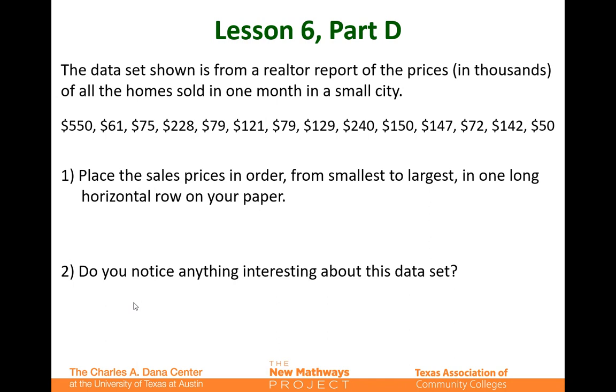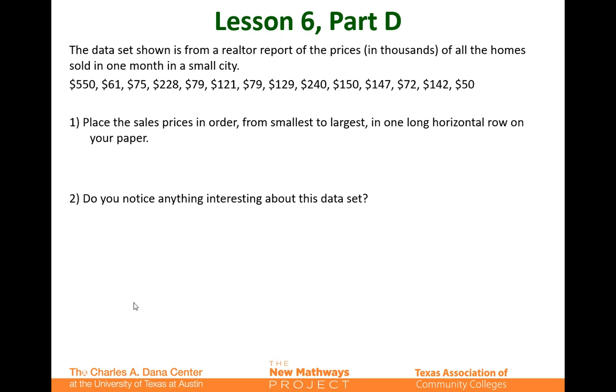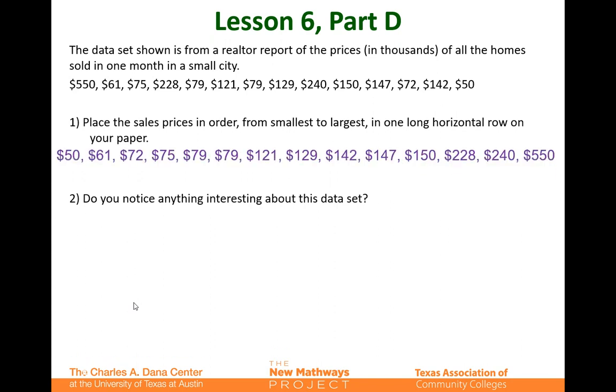Well, we're not in a classroom, so I'm not going to ask you to stop and put all of that data in order. There it is. There's the data all in order from smallest to largest in one long horizontal row. Do you notice anything interesting? You may or you may not.